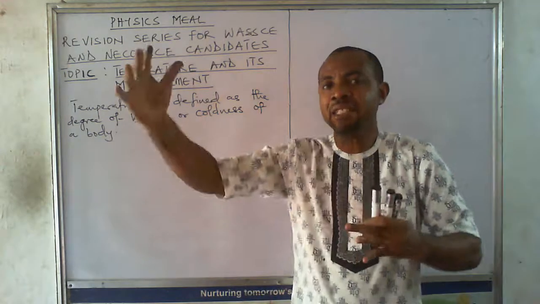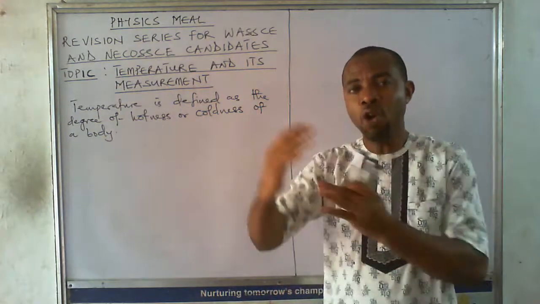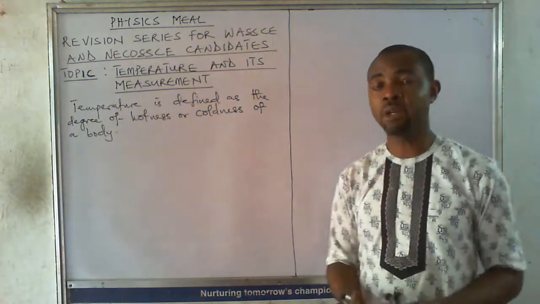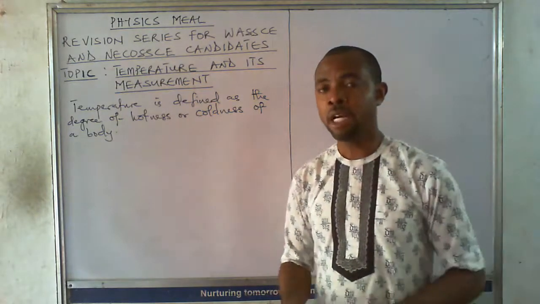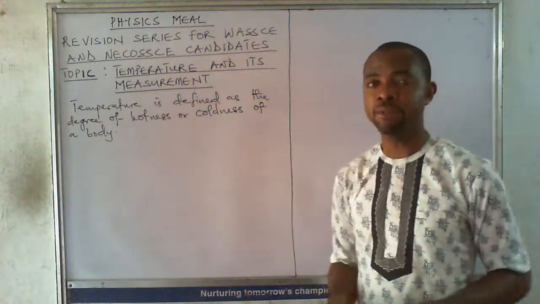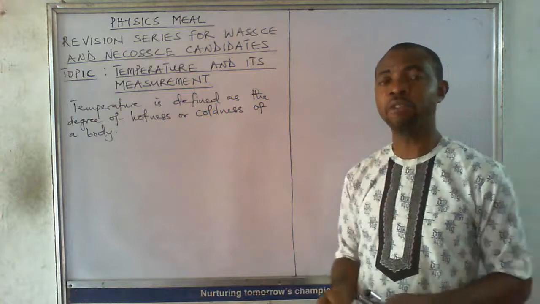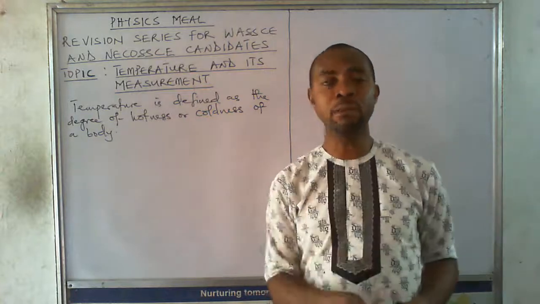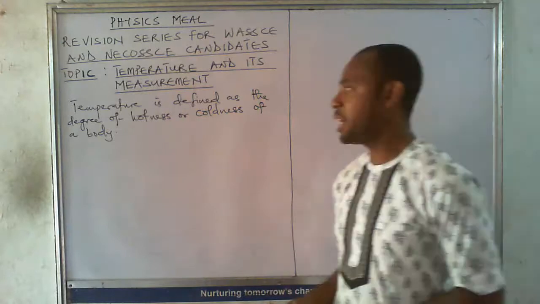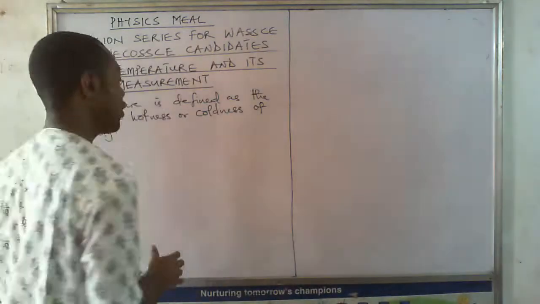So the extent of hotness, how hot your body is or how cold your body is, that's what we call temperature. And that's why sometimes somebody may touch your body and say, oh, you are running temperature. Not that temperature is trying to run away from you or that you are running with temperature. It just means that your body is hot. So that's the definition of temperature.